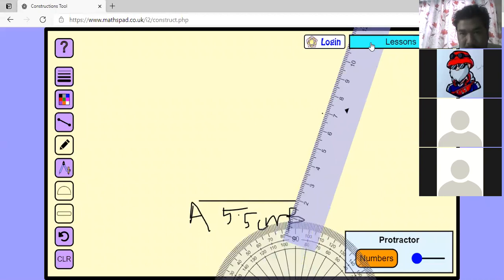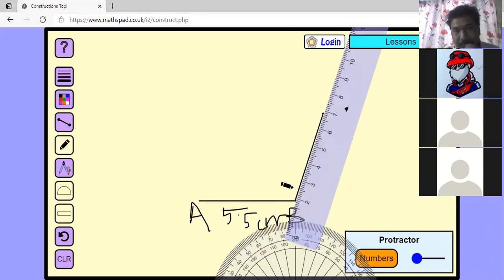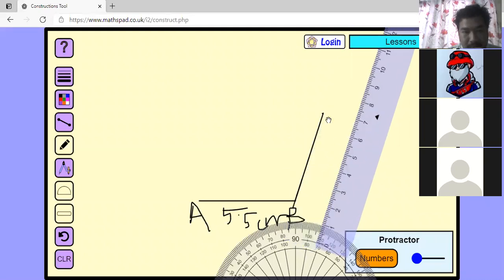Take the help of the ruler and join this, and now draw this one line and join it with the point B. Okay, children. And this angle became how much? 108 degree. Yes. You can write this 108 degree.